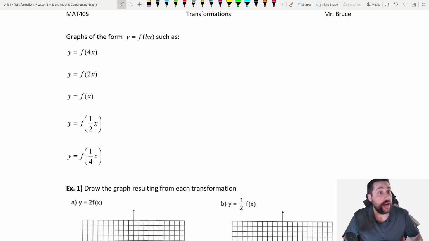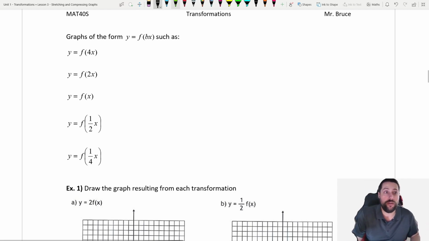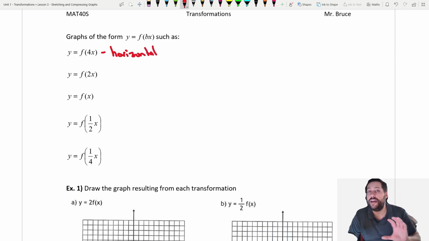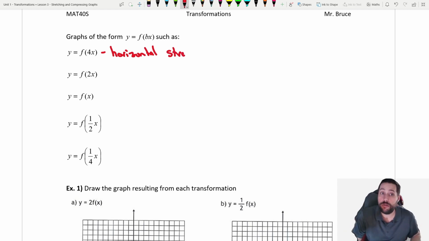So we have graphs of the form y is equal to f of b times x, such as y is equal to f of 4x. So that's going to be a horizontal, and again, with the wording you have to be very careful, a horizontal stretch by a factor of 1/4.